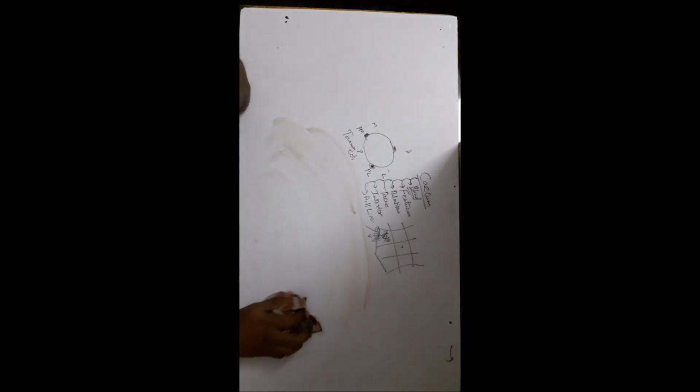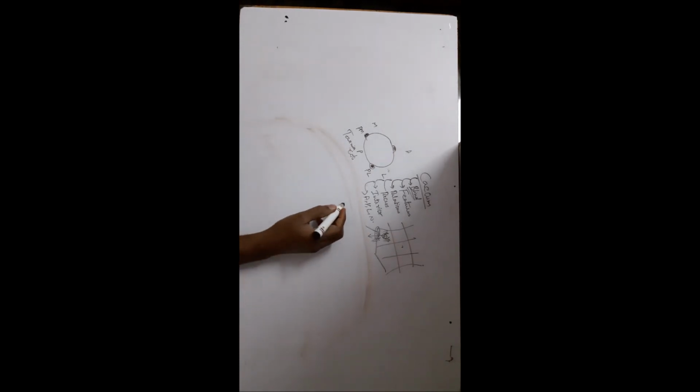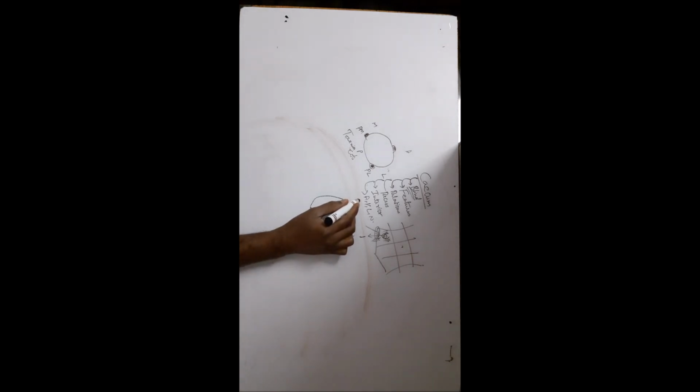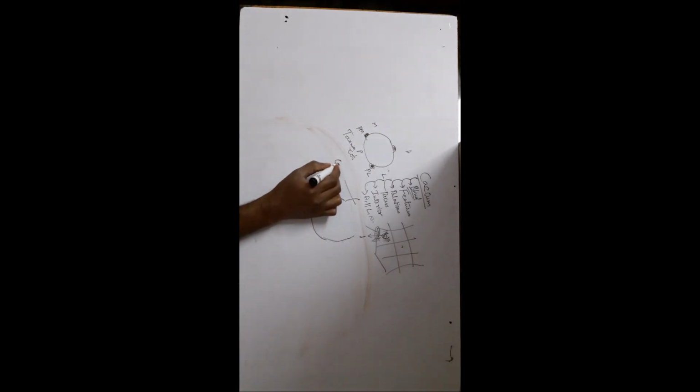Then coming to the recesses. This is actually an intraperitoneal organ, but it doesn't have any mesentery. This is caecum. Above that, this will be your colon.